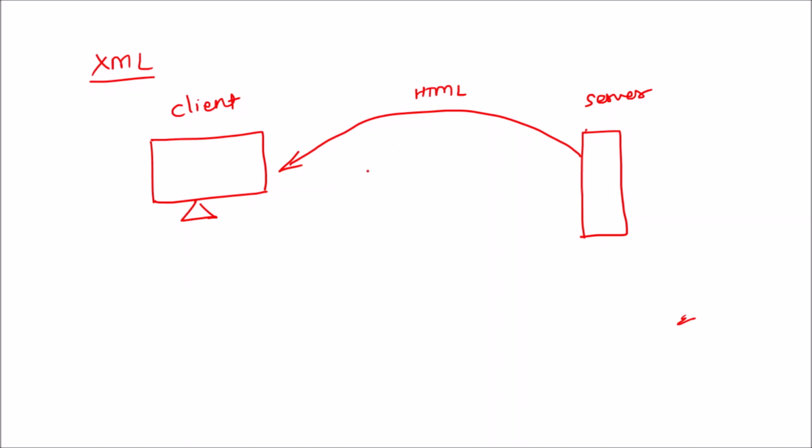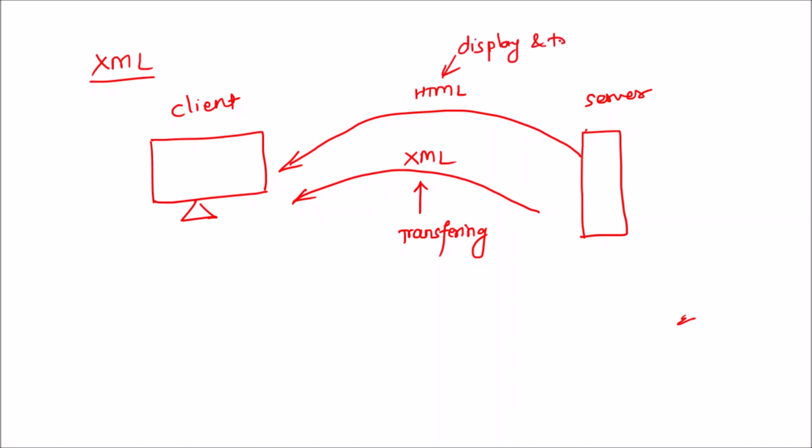But if you want to only transmit the data without displaying it, at that time you can use XML. So XML is used only for transporting data, and HTML is used for display as well as transfer of data.